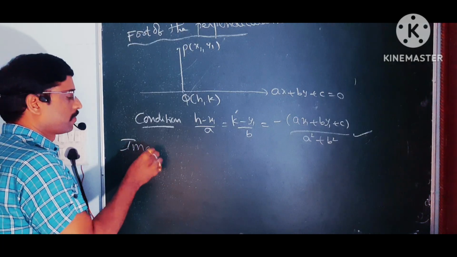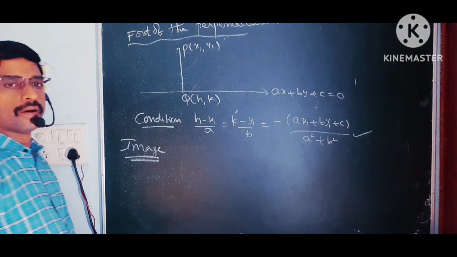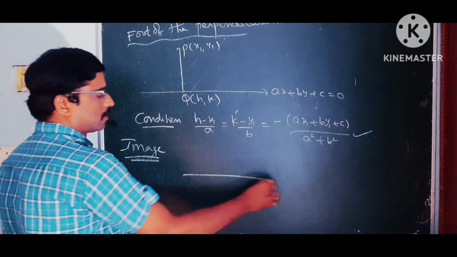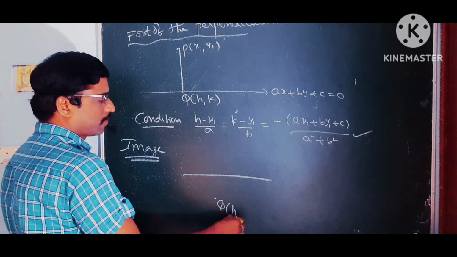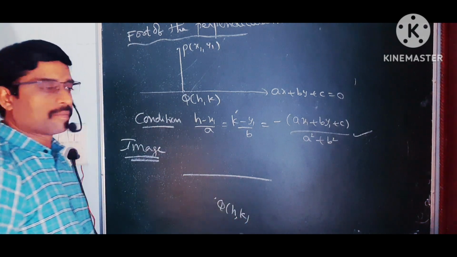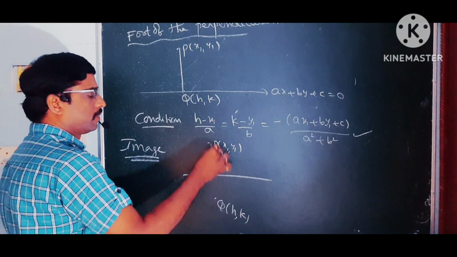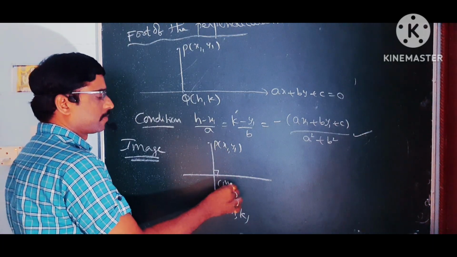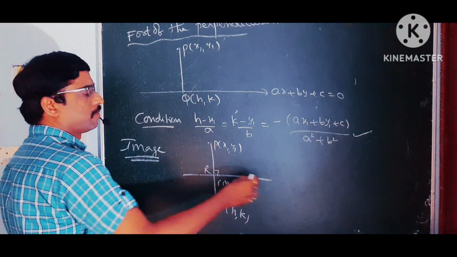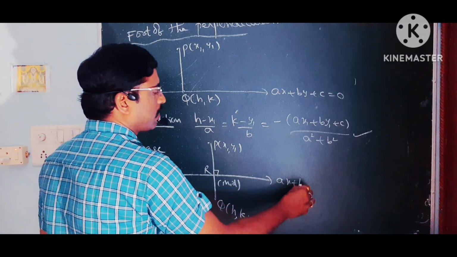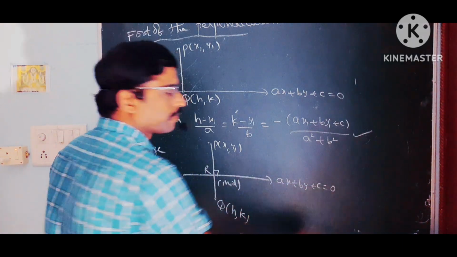Next, image. Let Q(h, k) be the image of P(x1, y1) with respect to the line Ax plus By plus C is equal to 0.